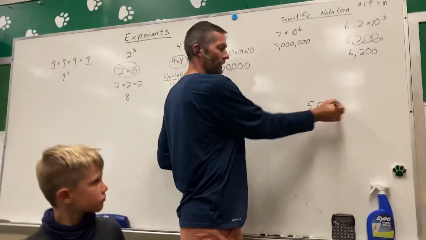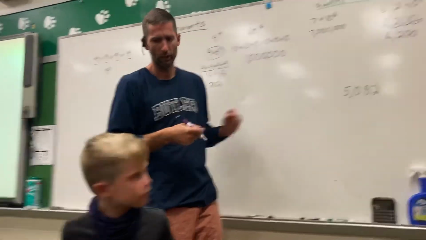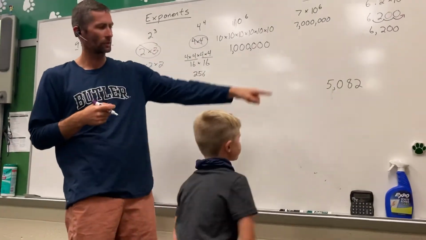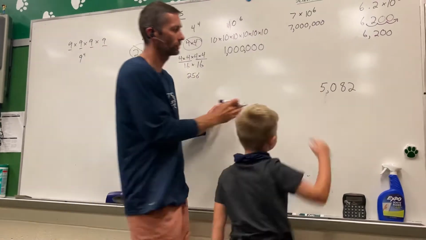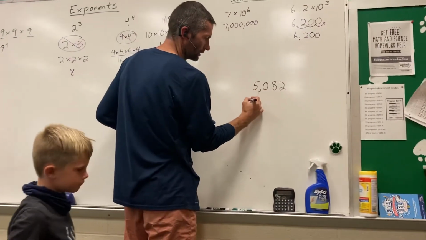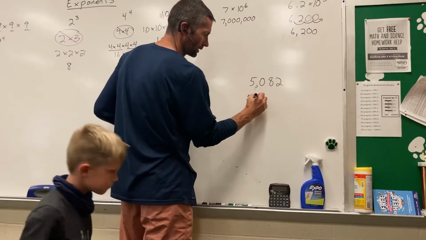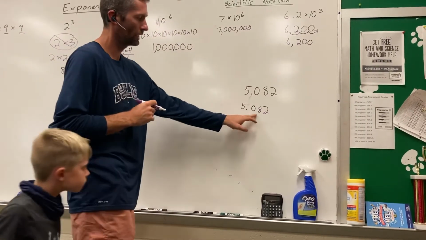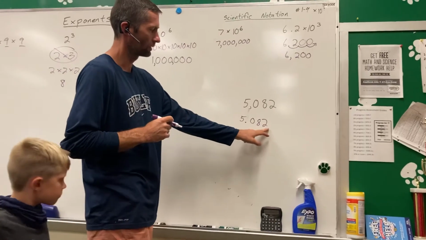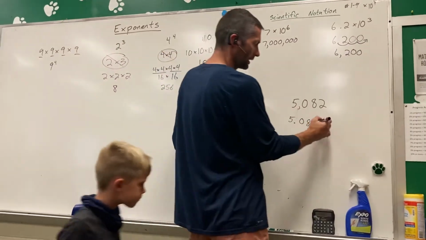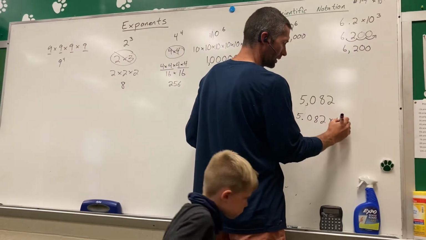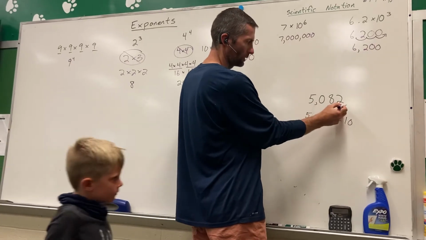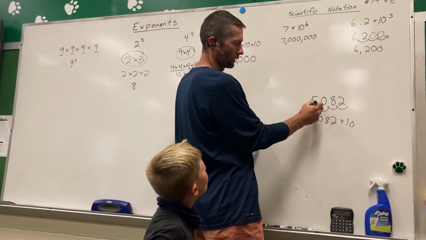Okay, now let's go the other way. I'm starting with 5,082. Drew, point where I need my decimal. We want our decimal right here. So to get our decimal right there, 5.082, 5 and 82 thousandths, I need to do times 10 to the, how many spots did I move the decimal over? 3.